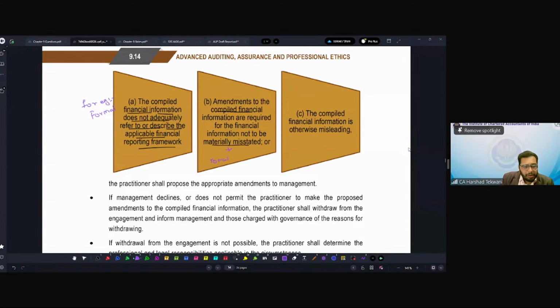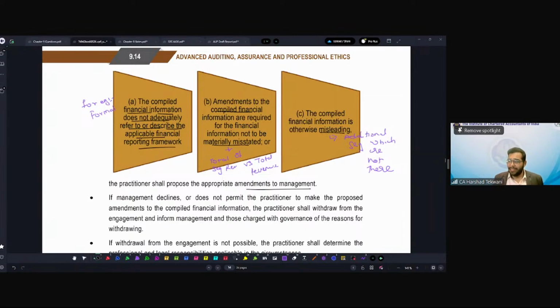Example, total of segment revenue versus total revenue. And third, misleading. The information is misleading, meaning additional segments which are not there. In that case, ask management to make amendments.